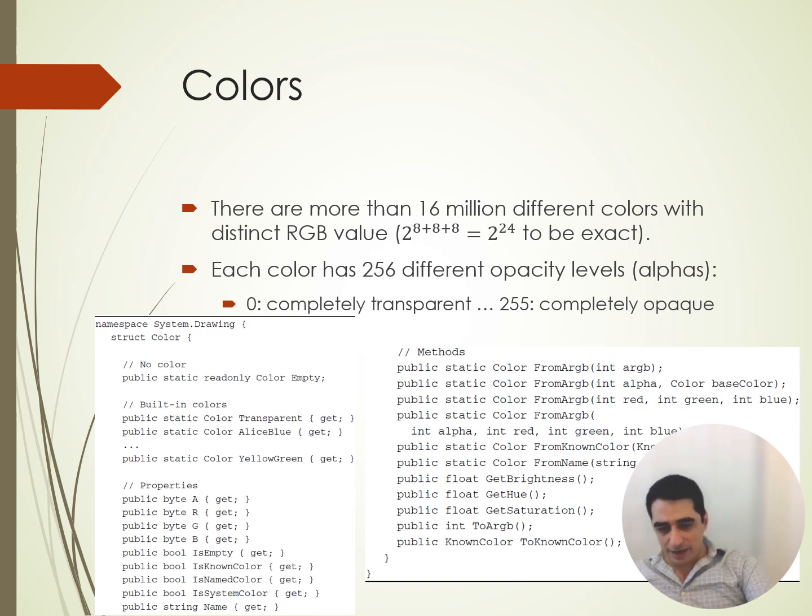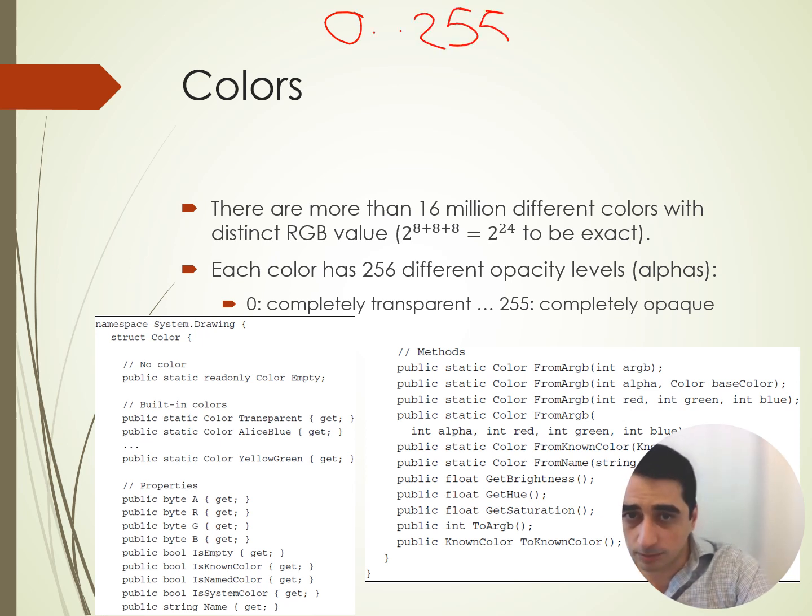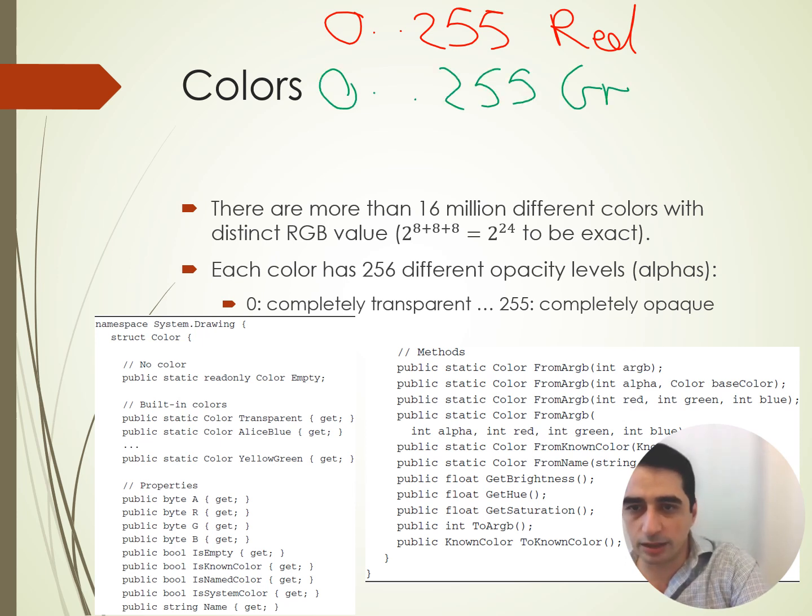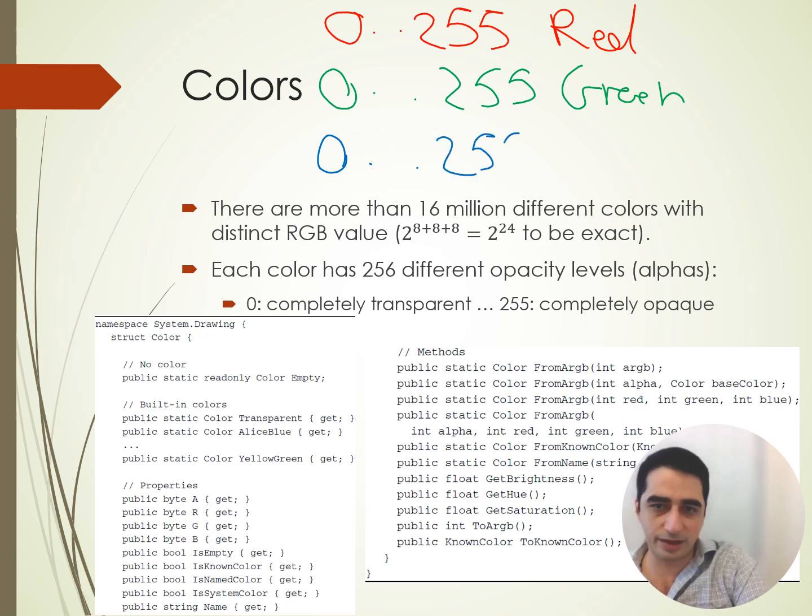The RGBA format provides a number between 0 and 255 for the red color intensity. It provides another integer from 0 to 255 for the green color intensity, and another intensity from 0 to 255 for the blue color intensity. A combination of these 3 is going to give you a different color.